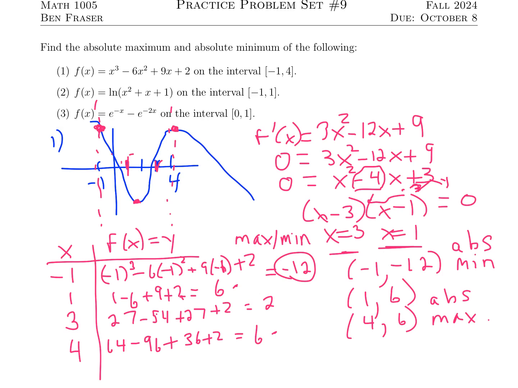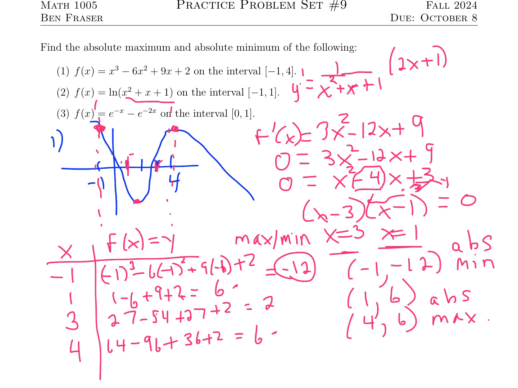For the next one, your derivative, I'll just give you the derivative there to get started. It's going to be 1 over x squared plus x plus 1, and then the chain rule part of that is going to be 2x plus 1, because that's from the derivative of what's inside the bracket, okay?